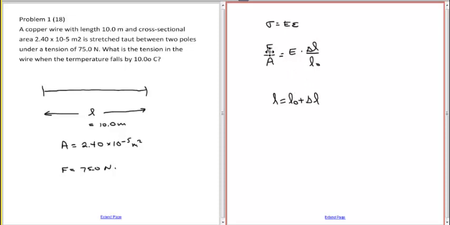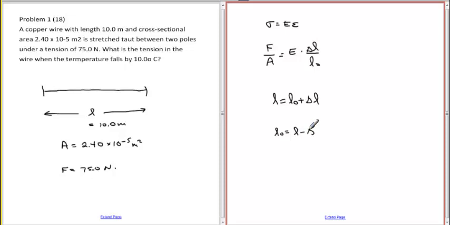So we have a force, we have an area, we know that L is 10 meters. So what we can do is solve for L0.